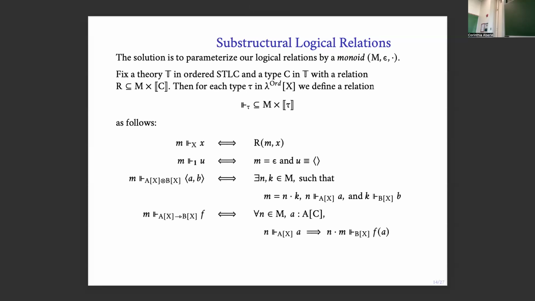And then similarly for the left exponential here, M is related to F if for all N in M and closed terms A of type A of C, if N is related to A, then N times M, where we're putting N on the left, is related to the result of applying F to A. And then similarly for the right exponential, it's almost exactly the same, except in this last line, we put N on the right instead.